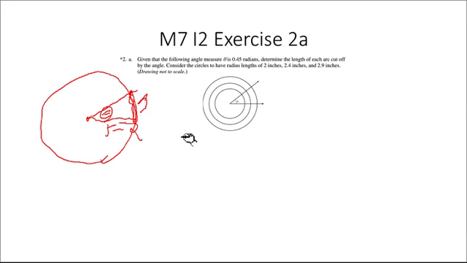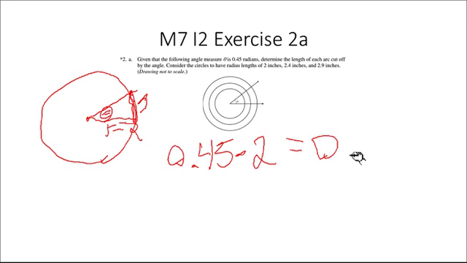So then all we have to do to compute this is say, okay, I'm going to have 0.45 of a radius. So that's 0.45 of a radius. And 45 times 2 would be 90. Moving the decimal twice, that would be 0.9.